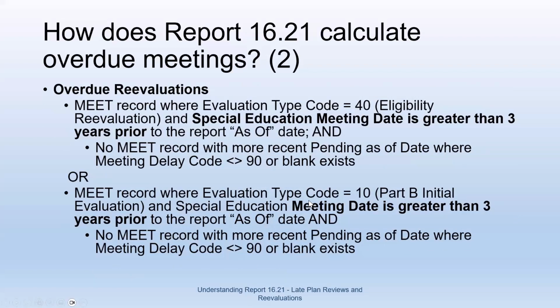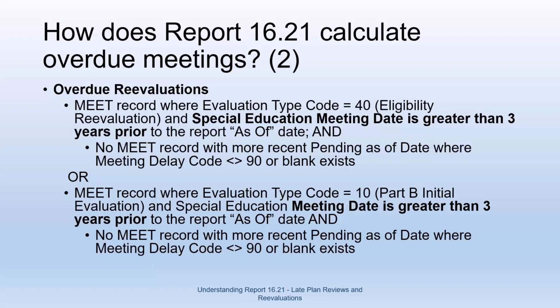Very similar for overdue reevaluations. The only difference is it's looking 3 years from the report as of date. So if the most recent record in CALPADS is a reevaluation record that occurred more than 3 years ago, and there's no pending record telling us that there's a justifiable reason for that meeting being overdue, that's going to trigger an overdue monitoring category.